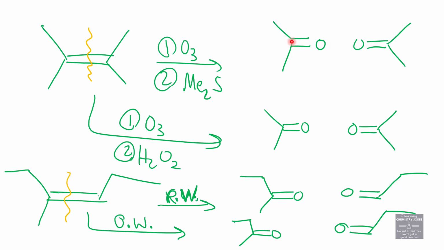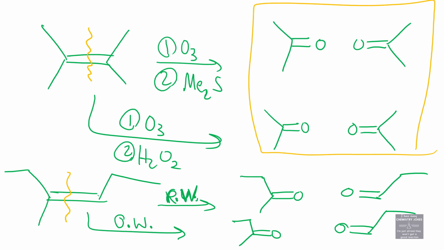This sp2 carbon, where I cut that alkene, does it have any hydrogens? Nope. Does this one? Nope. Does this one? Nope. Does this one? Nope. So for this top example, my products are identical. Whether I did oxidative or reductive workup, I made all ketones. It's actually the same molecule, acetone. I made all ketones in that top example.